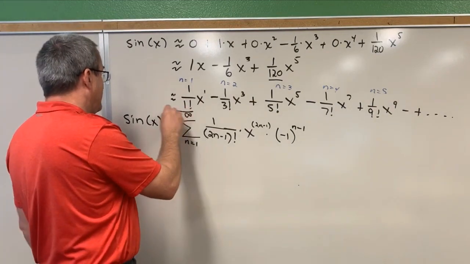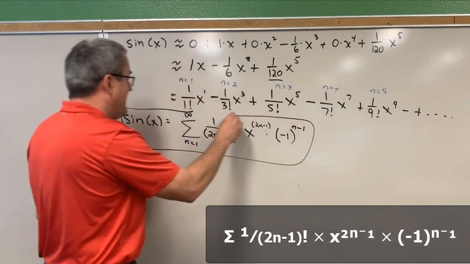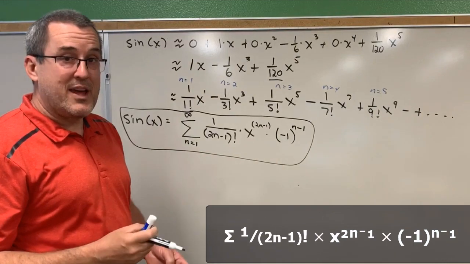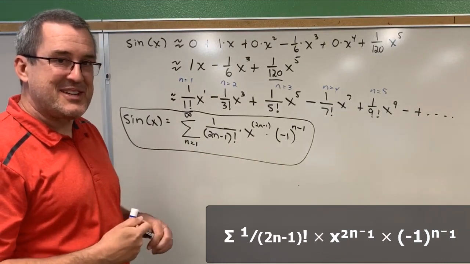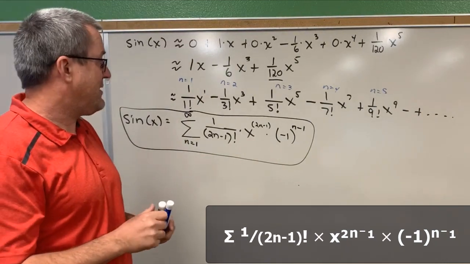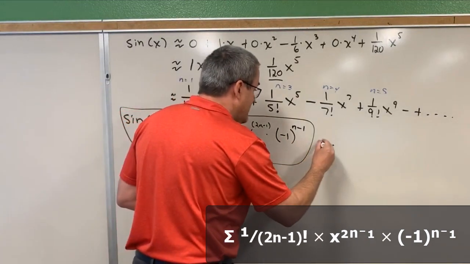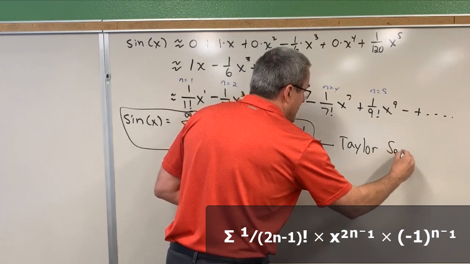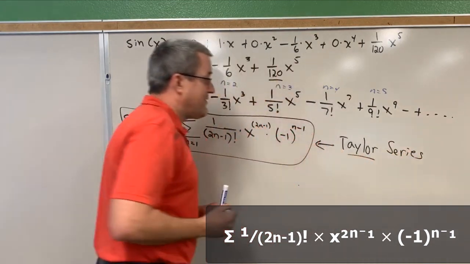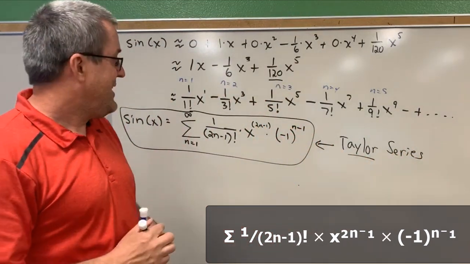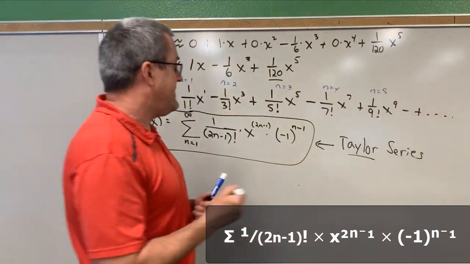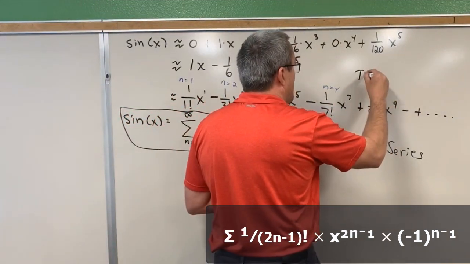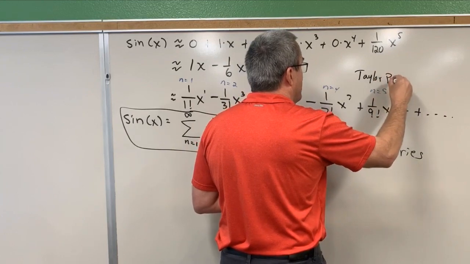So what we have built here is a formula, a nice concise way to express the sine of x as an infinite polynomial. The name for this is called an infinite Taylor series, named after the mathematician Brook Taylor. So this is an infinite Taylor series. Prior to that, we had what we call a Taylor polynomial.